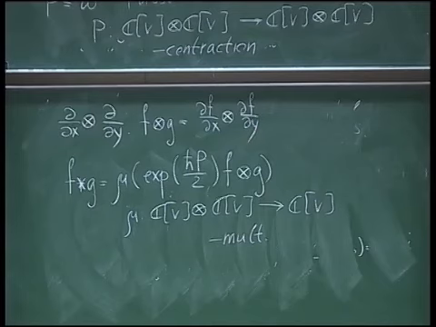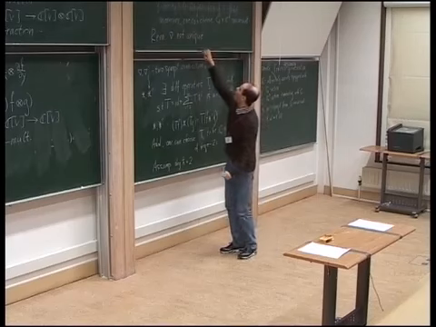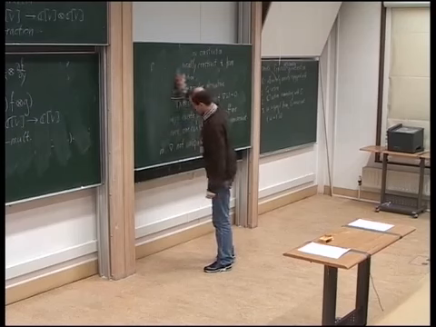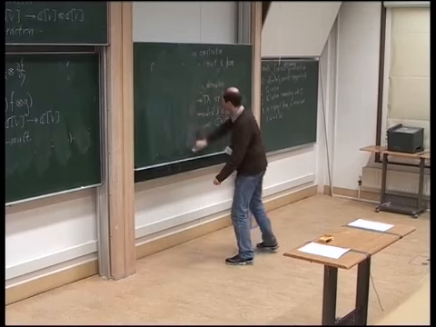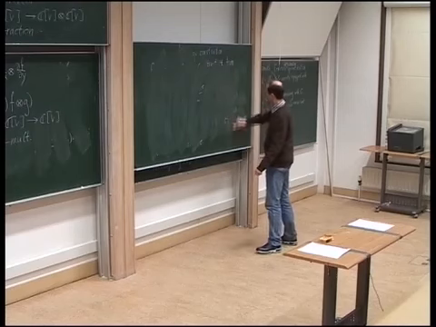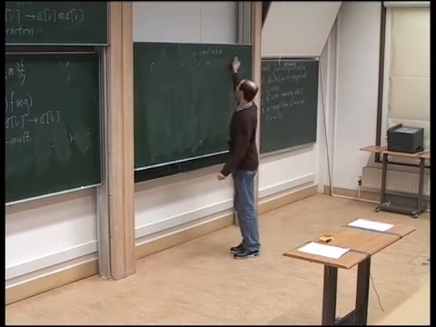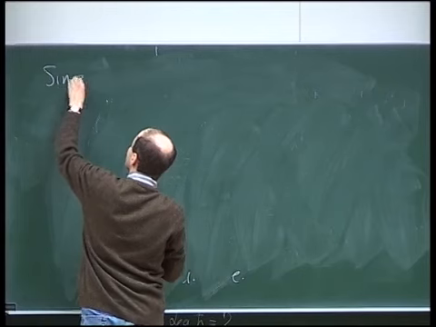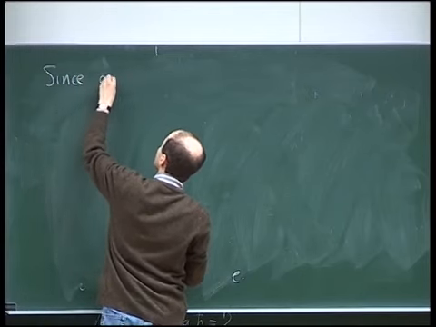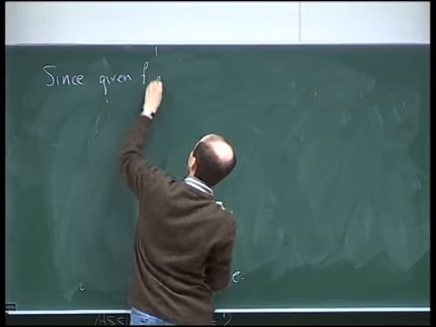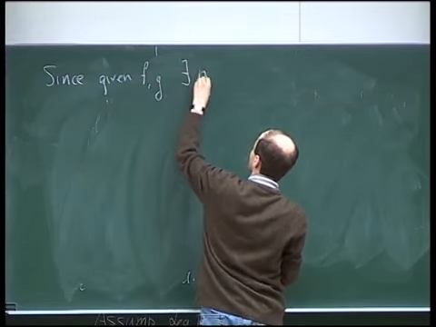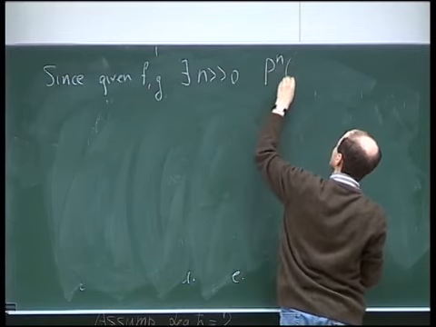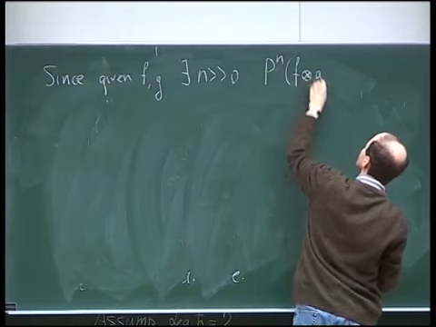Well, in particular, one can notice that given f and g, there is a large enough n such that P to the n of f times g is 0.